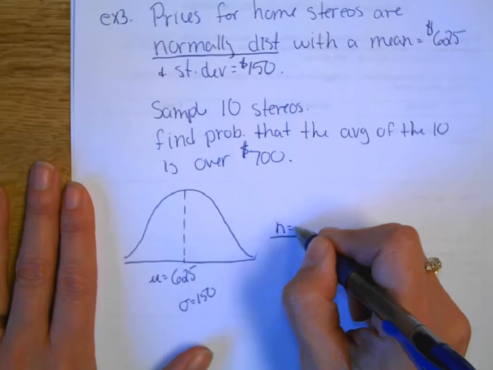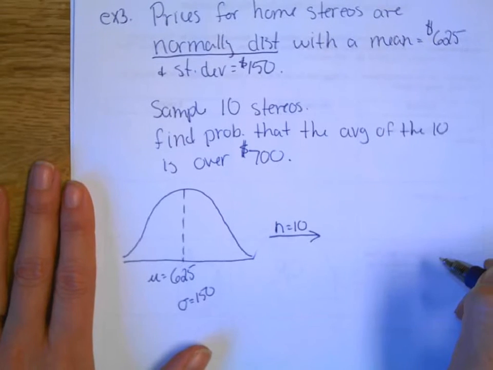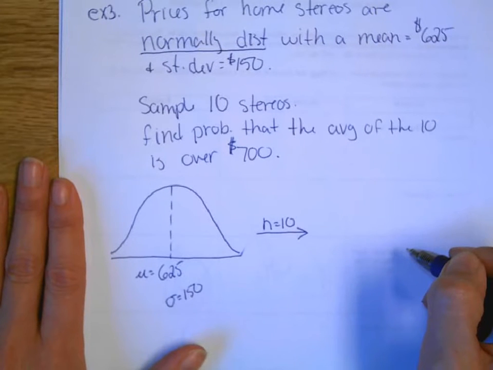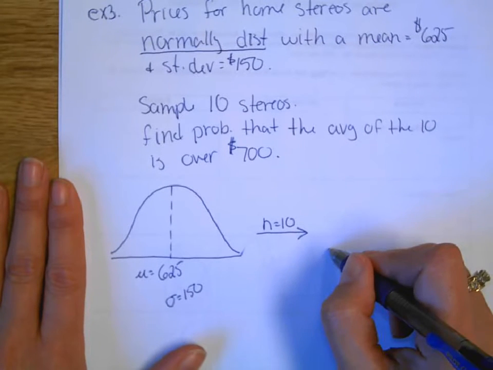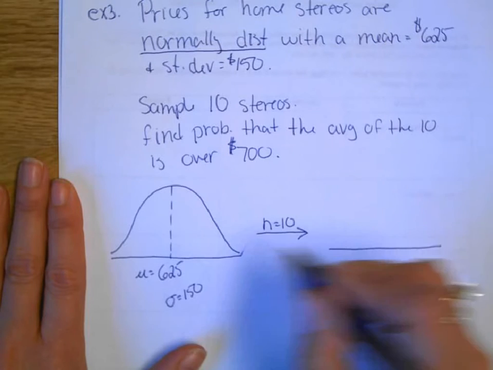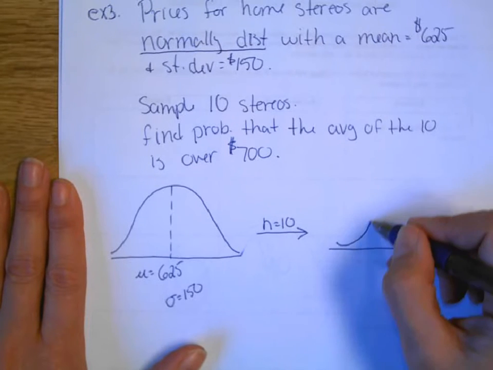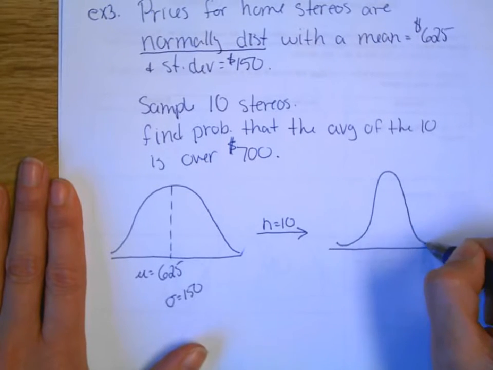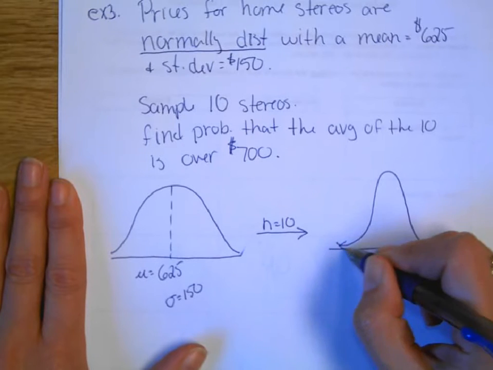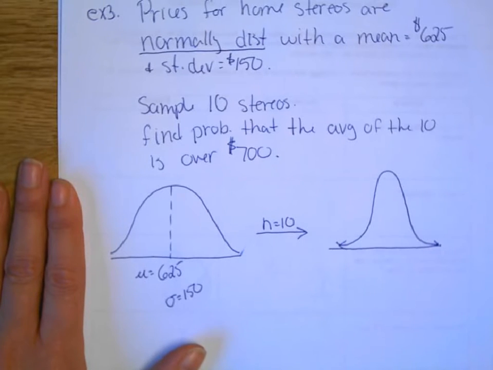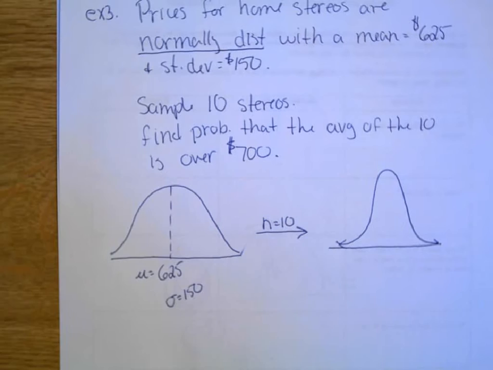With n equals 10, what kind of distribution am I going to get? It's going to be normal also, because the population is normal. The standard deviation gets divided by the square root of sample size, so it makes the standard deviation smaller. Anytime the standard deviation is smaller, everything's closer together.